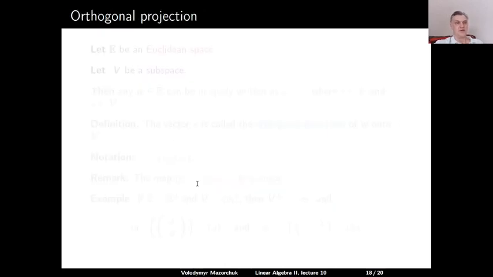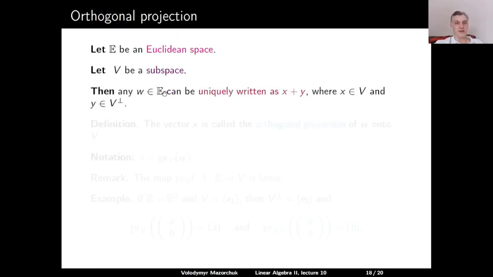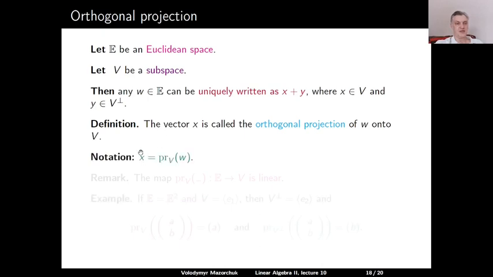And finally, let us define the notion of an orthogonal projection. Let E be a Euclidean space and V a subspace. Then any element w in E can be uniquely written as a sum of two elements, x and y, where x is in V and y is in the orthogonal complement to V. Definition: the vector x is called the orthogonal projection of w onto V. And the notation is that x is the projection onto V of w.